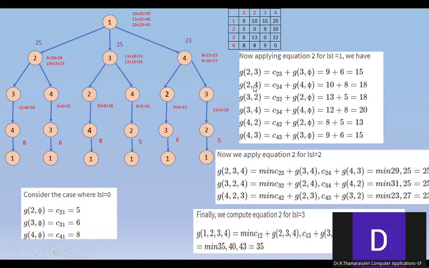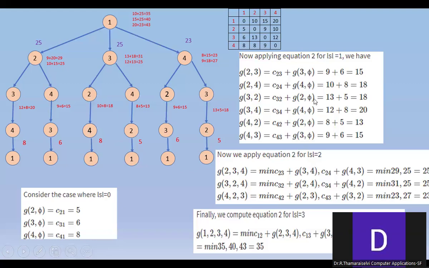G of 2 comma 4 is nothing but C24 plus G of 4 comma pi, which is 18. So here you have calculated all the possibilities: G of 2 comma 3, 3 comma 4, 2 comma 4, 3 comma 2, etc.